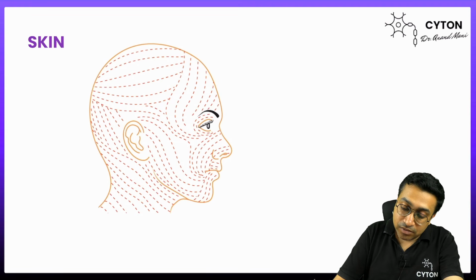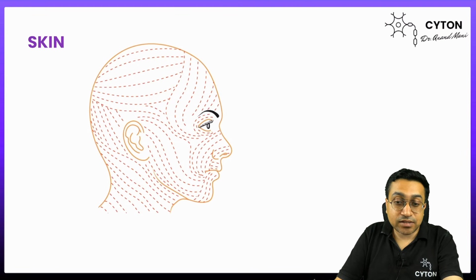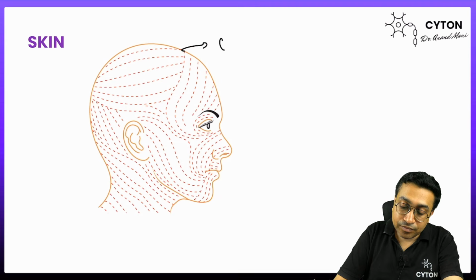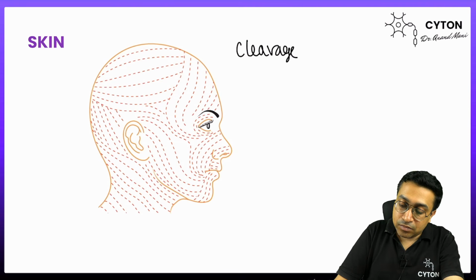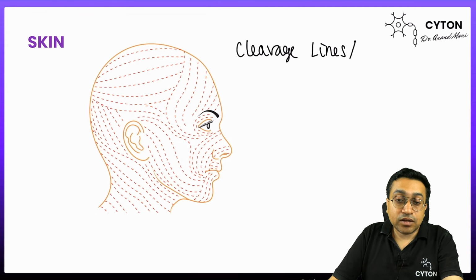As you can see in this image, these lines represent the cleavage lines, or better, Langer's lines.